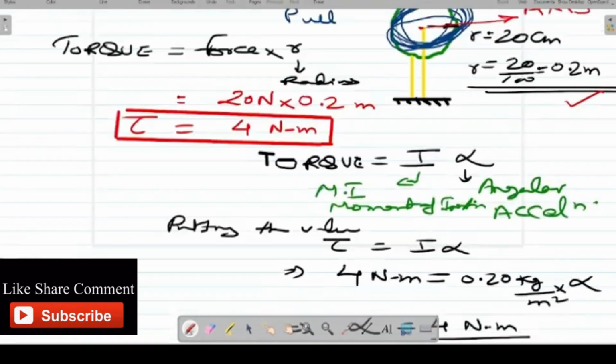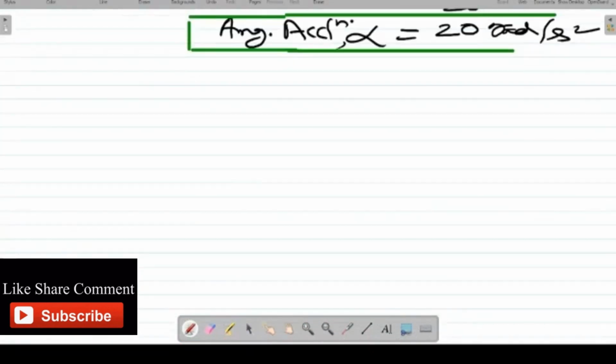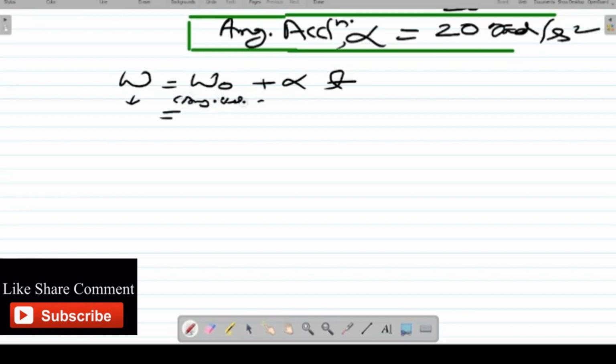Now we will use the formula. We need to identify the angular velocity at 5 seconds. We know the equation for rotational mechanics, omega equal to omega 0 plus alpha t, where omega is the angular velocity which we need to identify. Omega 0 means angular velocity at rest, which is equal to 0.